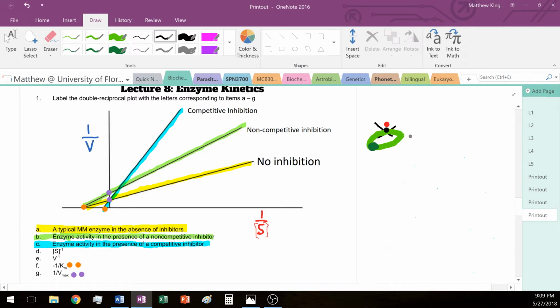A non-competitive inhibitor is going to bind somewhere else on the back side of the enzyme, wherever, and it's going to make the active site unable to bind the red substrate up there. So that's what a non-competitive inhibitor does, and it has this line, and we'll talk about the shape of the line soon. And now the last thing we want to talk about is the competitive inhibition.